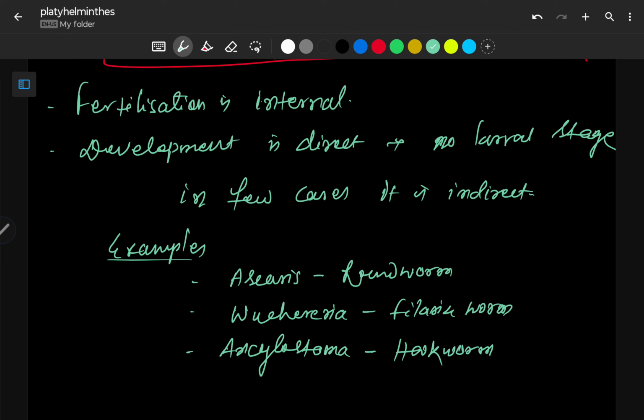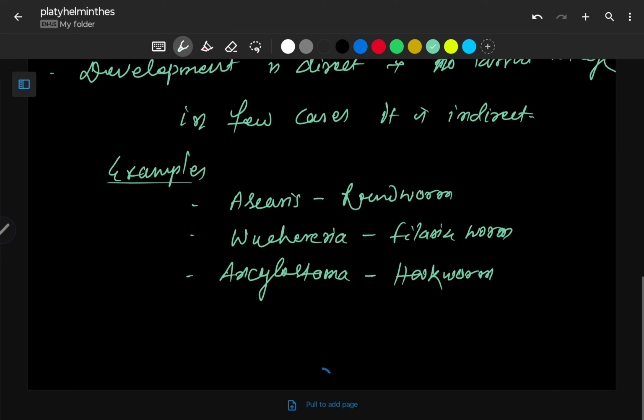Okay, so these are some of the common examples, their scientific name and the common name. Now come to the next phylum.